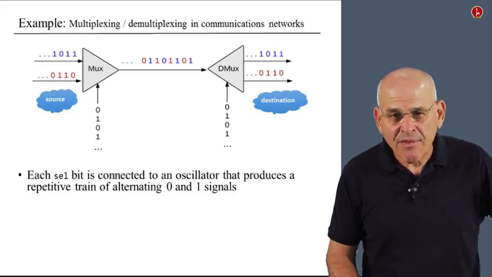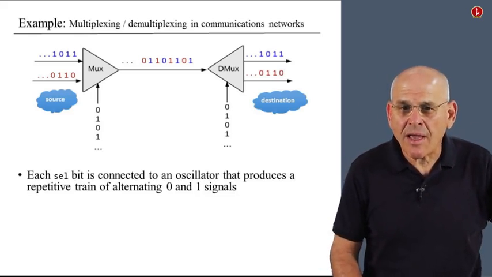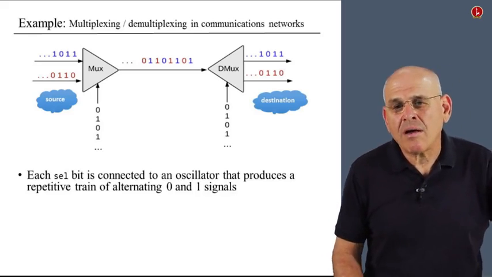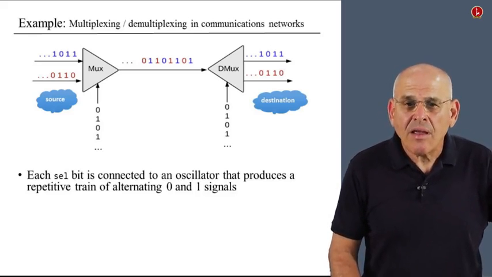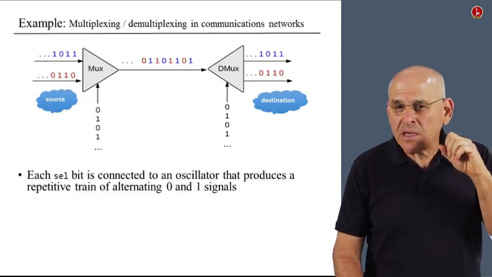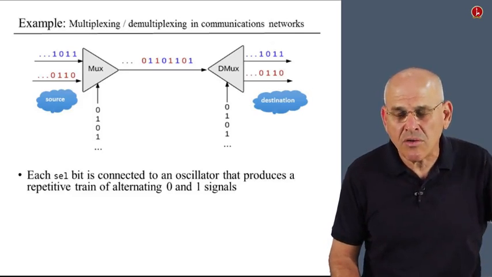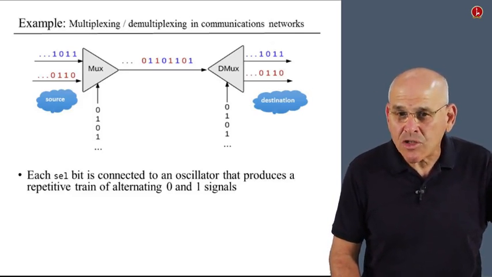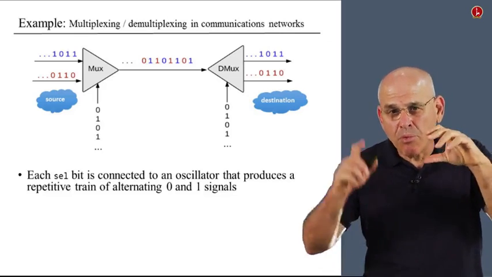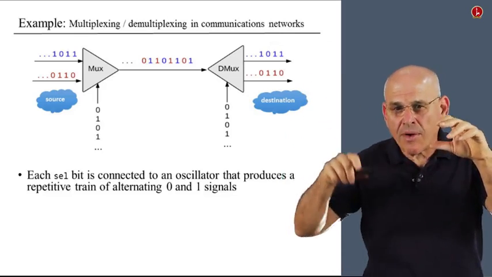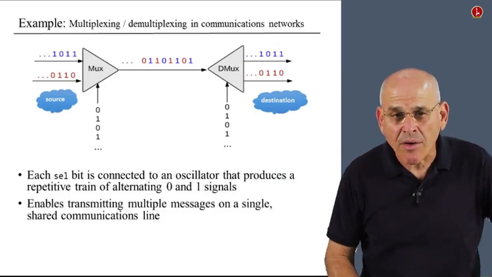At the receiving end of this story, once again I put a different oscillator, and therefore the DMUX is going to distribute the incoming inputs according to the DMUX logic. It will output blue, red, blue, red, and so on.